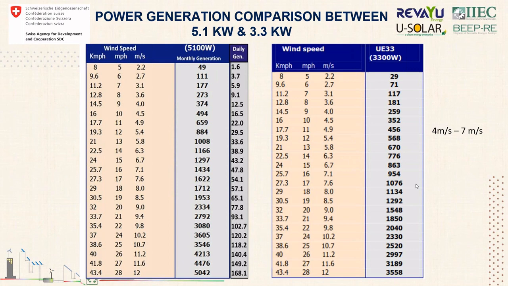And one more thing, like in case of solar, you have a thumb rule calculation of 4 to 4.5 units on a sunny day per kilowatt.